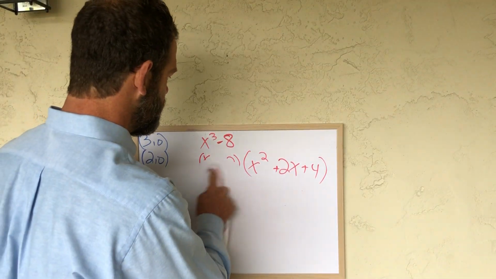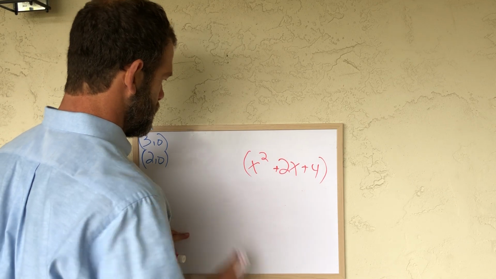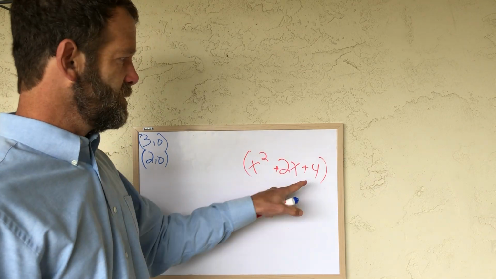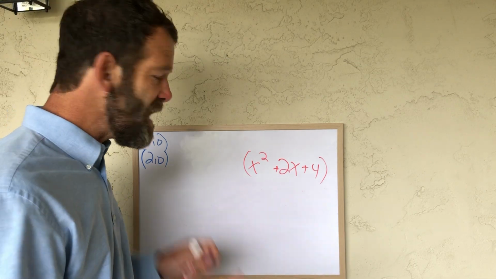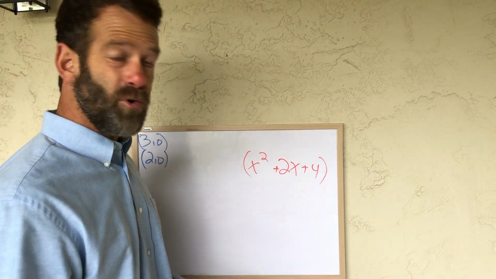Now all that's left is factoring this trinomial. Because once I factor this trinomial, I have my roots, boom, I'm done. There's no two numbers that multiply together to get 4 and add together to get 2, so I have to use the quadratic equation. I'm going to do the quadratic equation rather quickly.